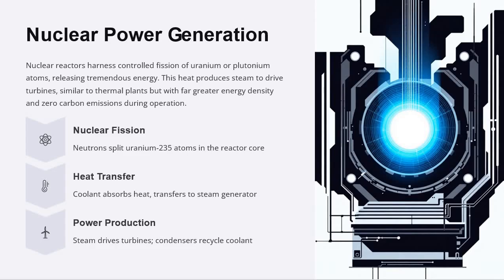There are three stages. Nuclear fission: neutrons split the uranium atoms in the nuclear core. Then heat transfer: the coolant absorbs the heat. Generally here we can use hot water as coolant, transferring to the steam generator. Power production: steam drives the turbine, and the condenser recycles the coolant.